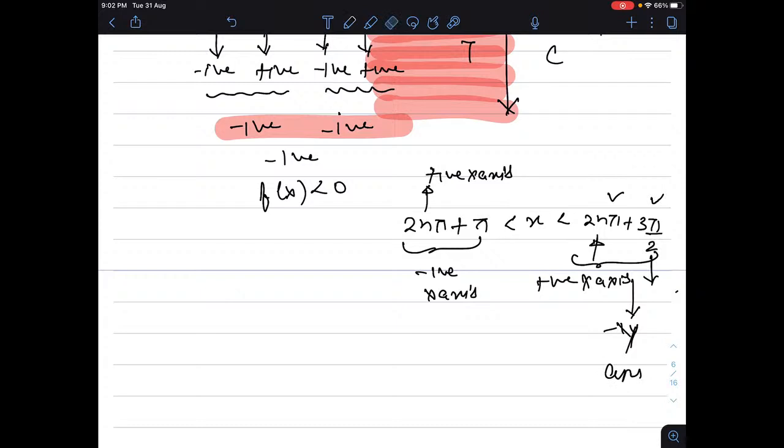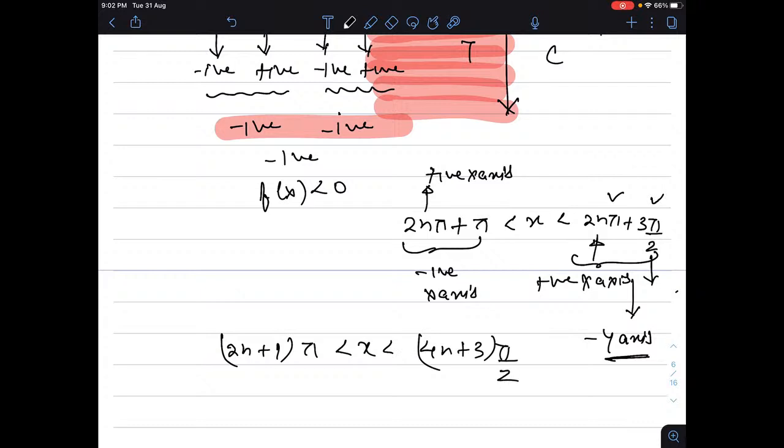That means which quadrant have we covered over here? We have covered the third quadrant. So the third quadrant was only part of our solution. So what may we take common over here? So (2n plus 1) pi is less than x is less than (4n plus 3) times pi by 2, will be the final answer for this question.